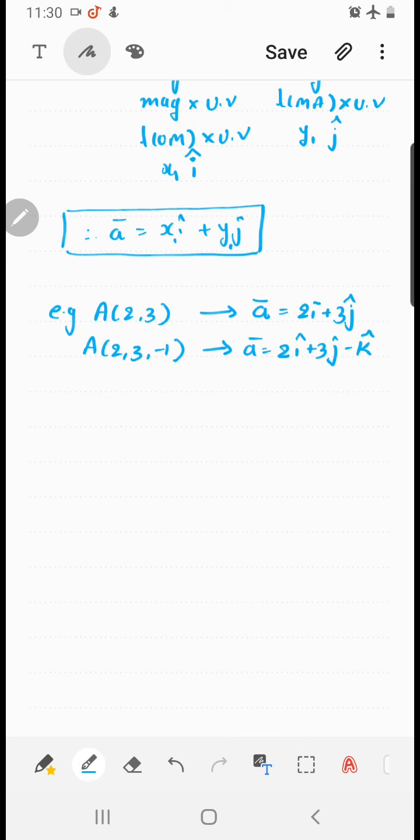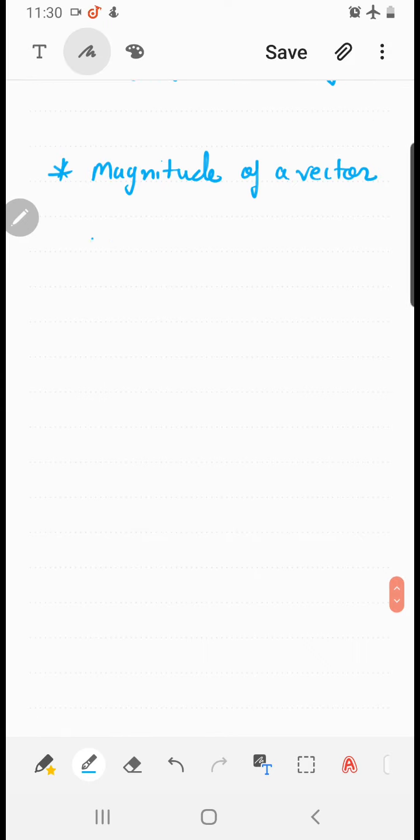Fine. Now let us discuss the next part, that is magnitude of a vector. Now in this, let us say we have 2 points A x1 y1 z1 and B x2 y2 z2.